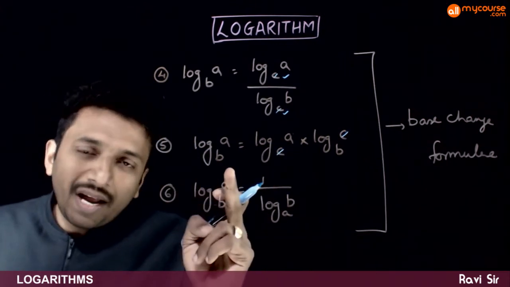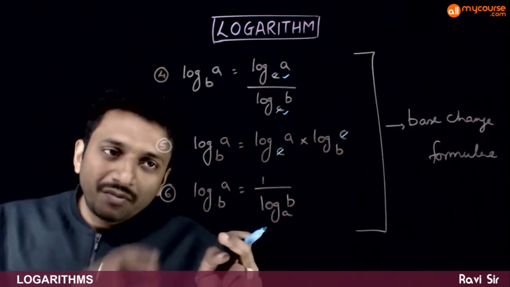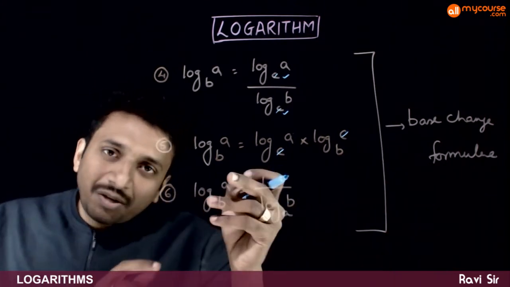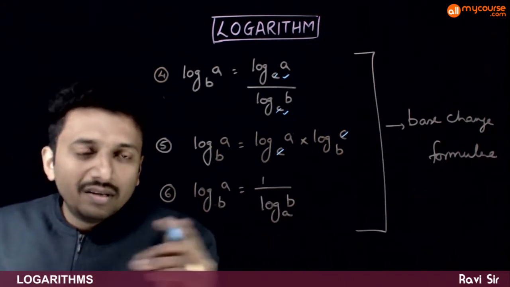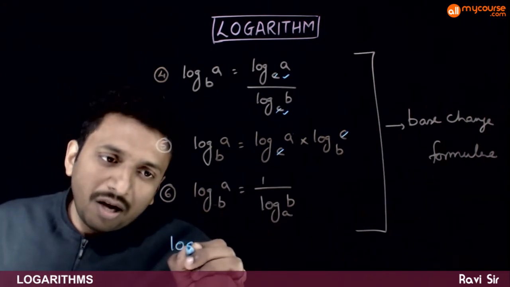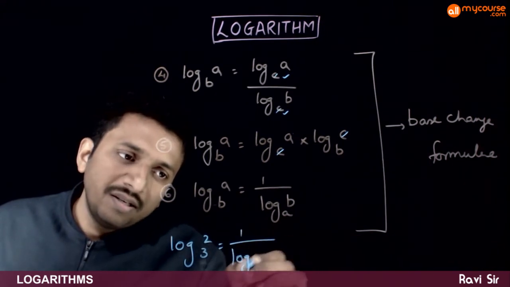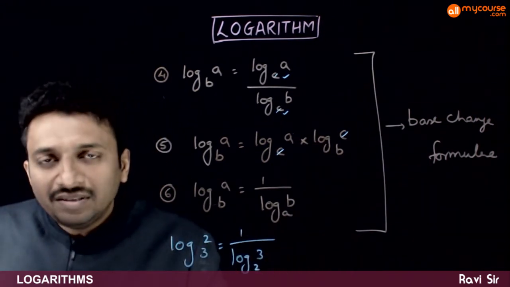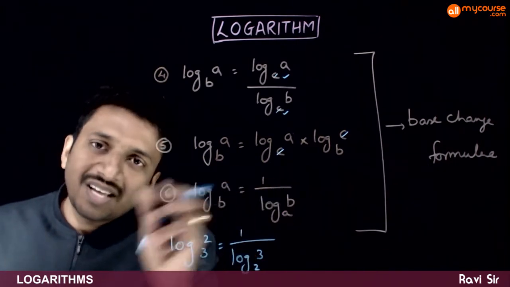And log a to the base b can be written as 1 by log b to the base a. So if you want to take this to the denominator, you just need to interchange the base and the argument. So for example, log 2 to the base 3 can be written as 1 by log 3 to the base 2. In some problems, you would be required to do this. So just keep in mind that this can be done.